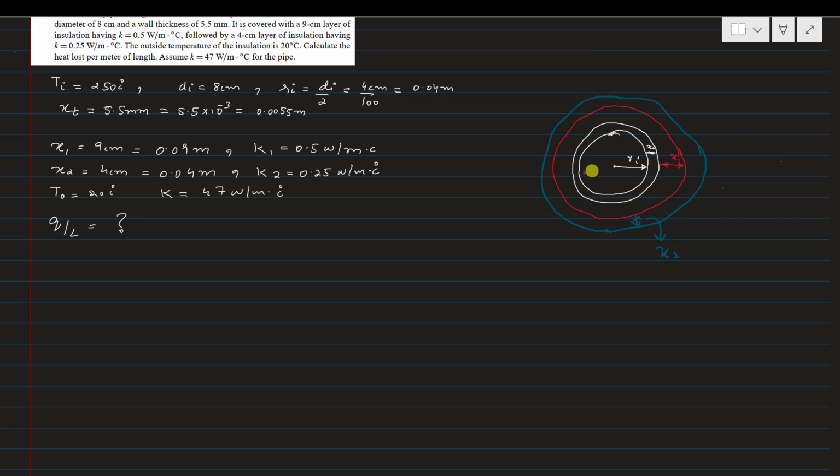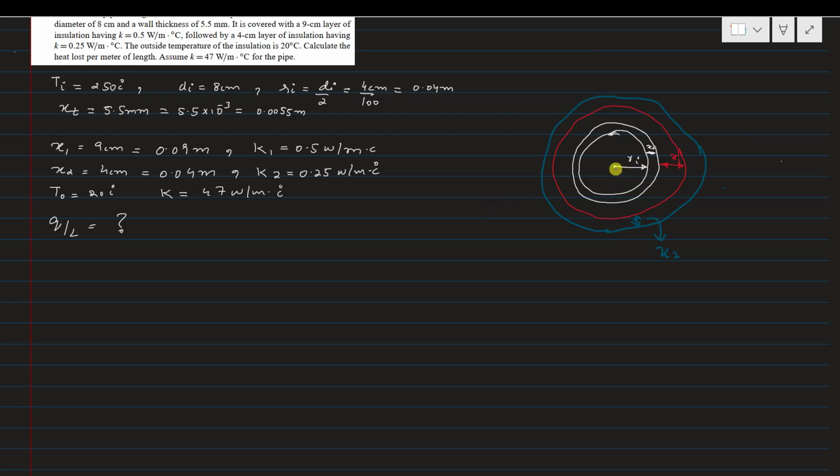This is the pipe, and this white band represents the pipe thickness. This is the internal radius of the pipe. Then the first insulation is provided over the pipe, and then the second insulation, with thickness x2 for the second and x1 for the first insulation.